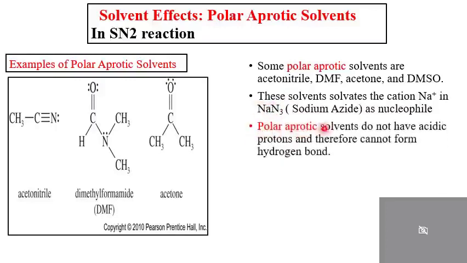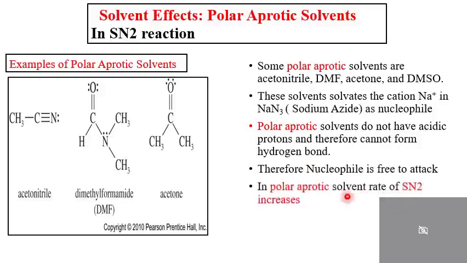In polar aprotic solvent, there is no acidic proton, and therefore they cannot form hydrogen bonding. Therefore, the nucleophile is free to attack, and the rate of SN2 increases. So in the solvent effect, in polar aprotic solvent, the rate of SN2 will be more.